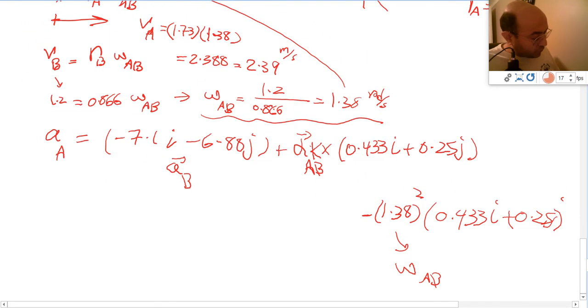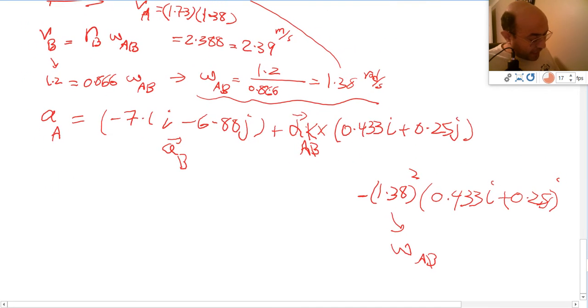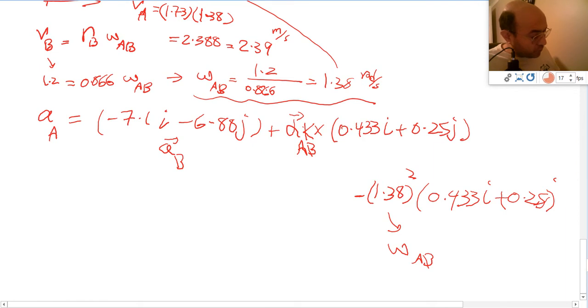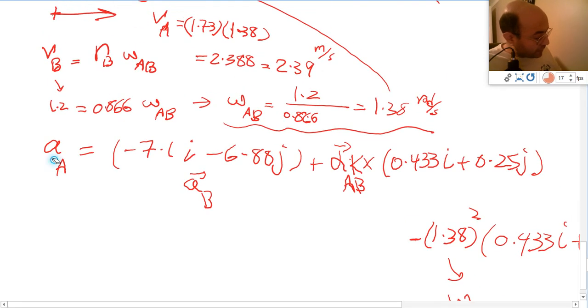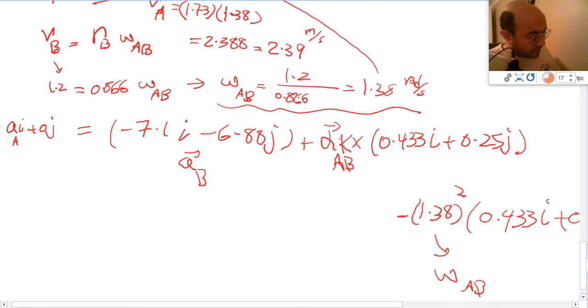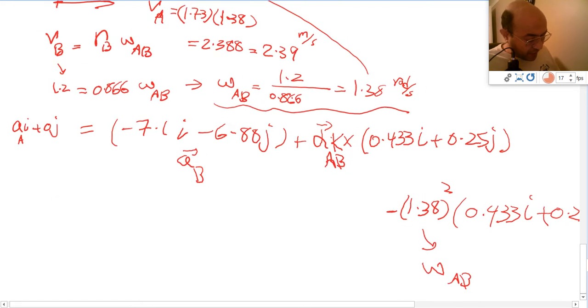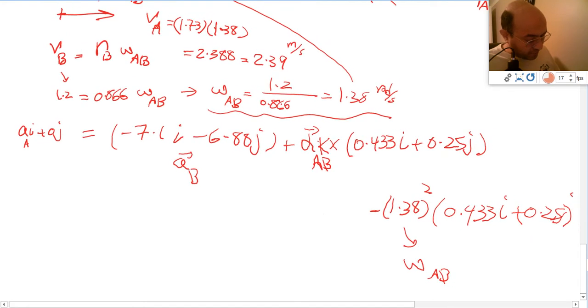If you look at the picture one more time, you can see that A is just moving to the right or to the left. So instead of writing AA, I'm going to put acceleration of A in the direction of I plus 0 in J. Acceleration of A doesn't have any component on the J. Everything for A is simply on the I.